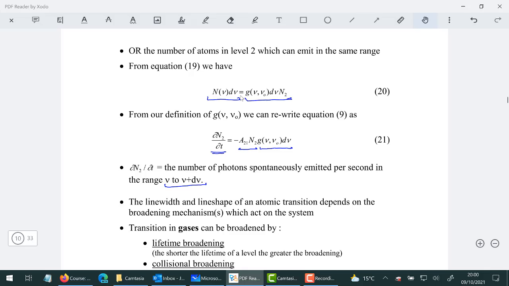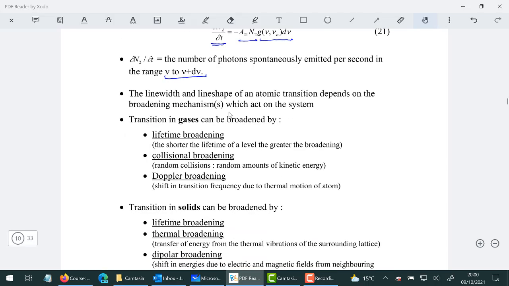We can do the same sort of thing for absorption and stimulated emission. So the line width, the line shape of the transition, depends on which mechanisms are involved inside the material that cause this distribution of values to occur.